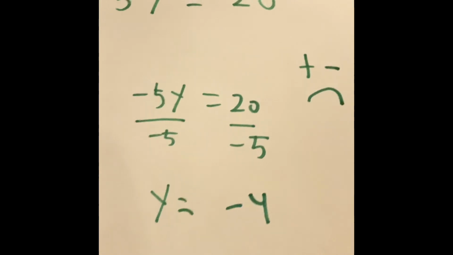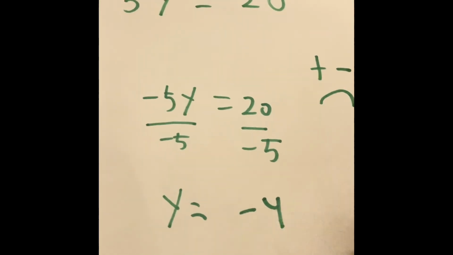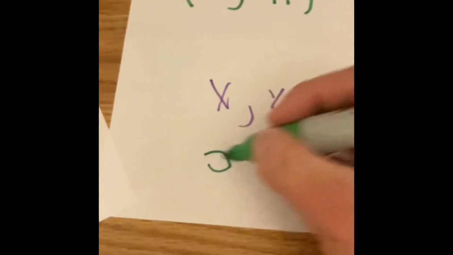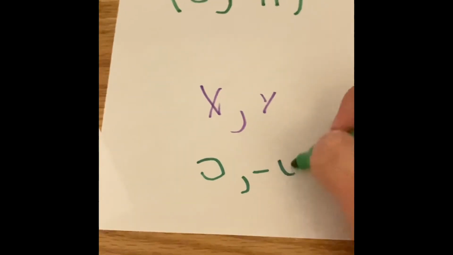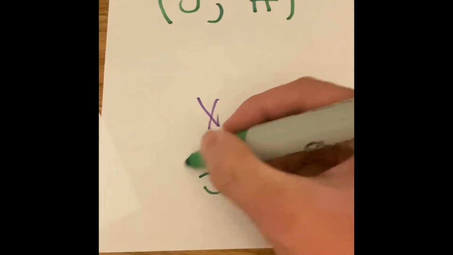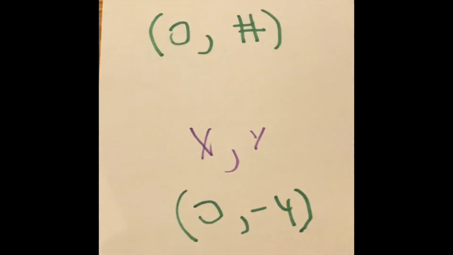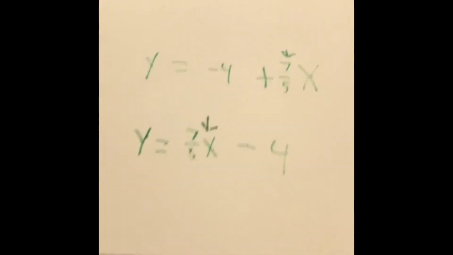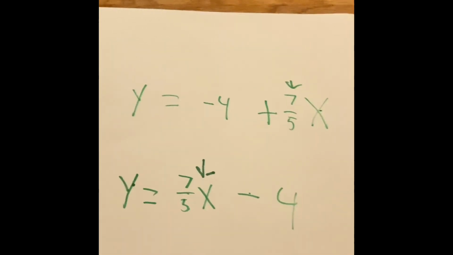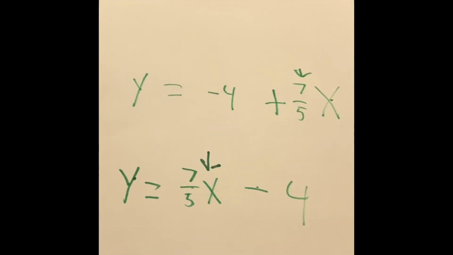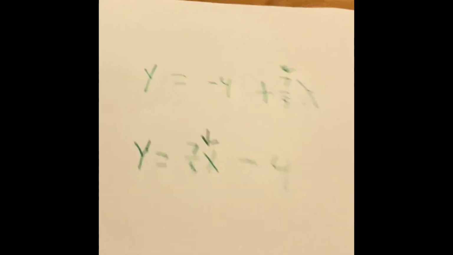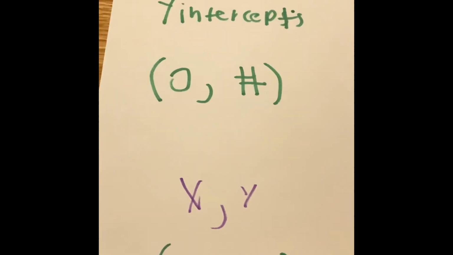So the y-intercept in this case is the point 0, -4. We can also confirm that, because -4 was the y-intercept we got in the y equals mx plus b form, so we got that one correct.